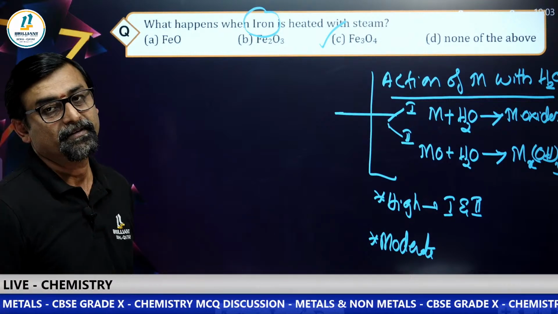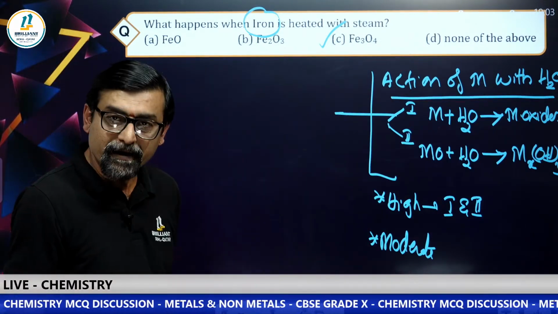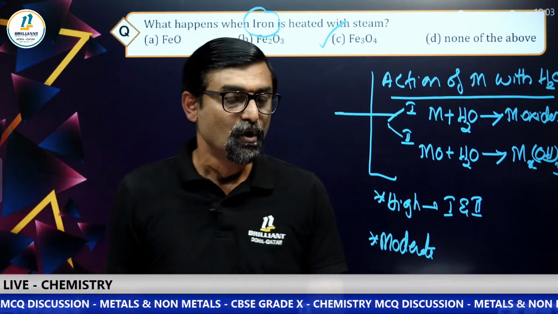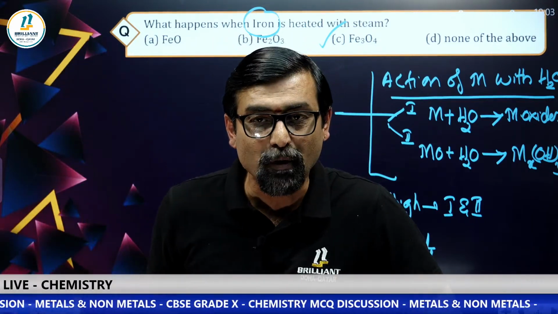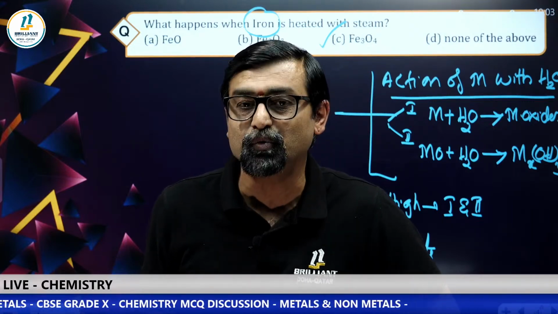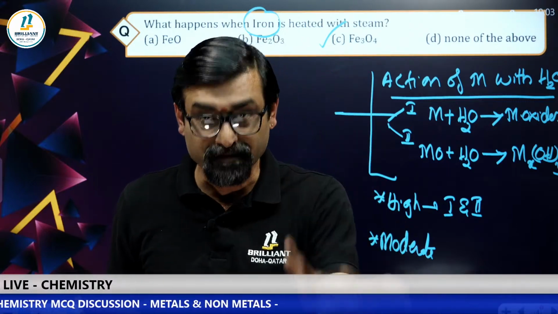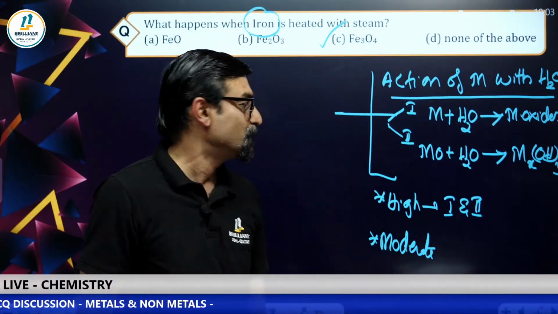This iron will give you an oxide. Now, what are the oxides present with us? Iron has two valencies, +2 and +3. If it is +2, what is the oxide formed? And if it is +3, what is the oxide formed?